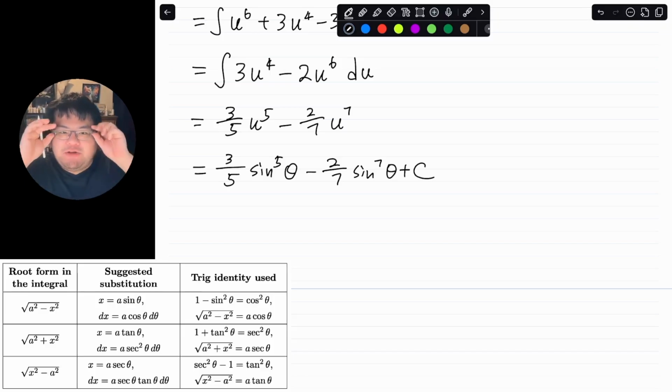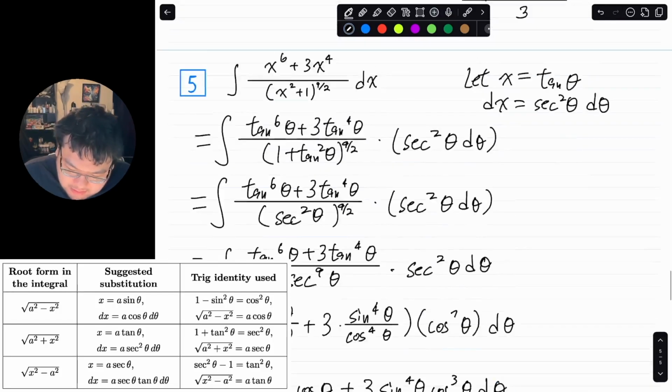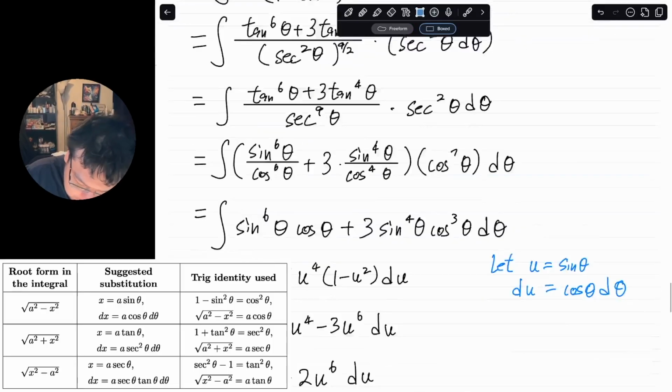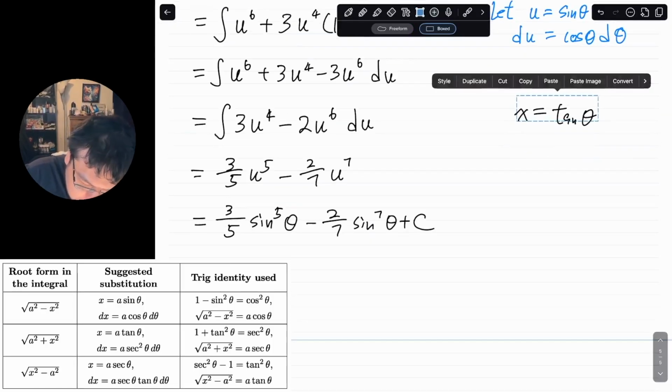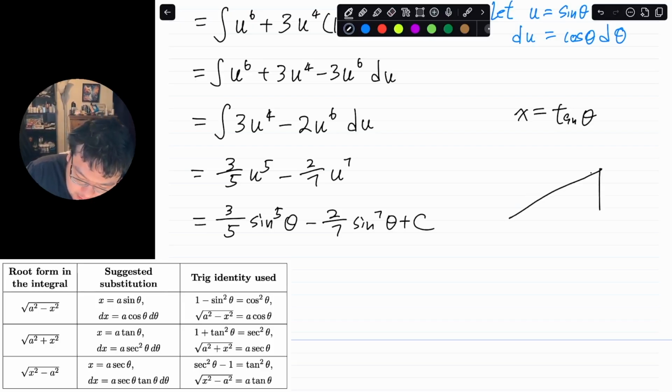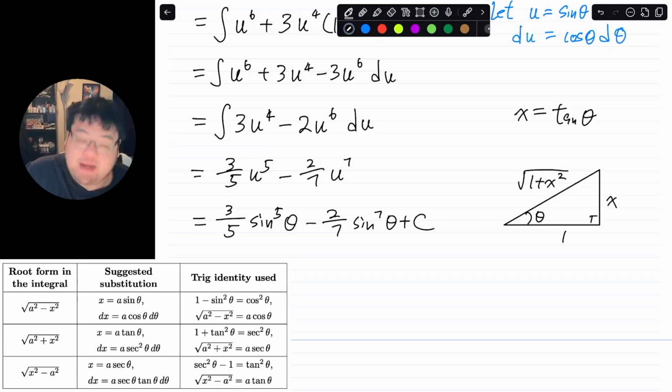Because the original integral is in the x world, now let's see how we can go back to the x world. Tangent theta is x, which is x divided by 1. So in the triangle, theta with sides x and 1, we'll have square root of 1 plus x squared here, using the Pythagorean theorem.